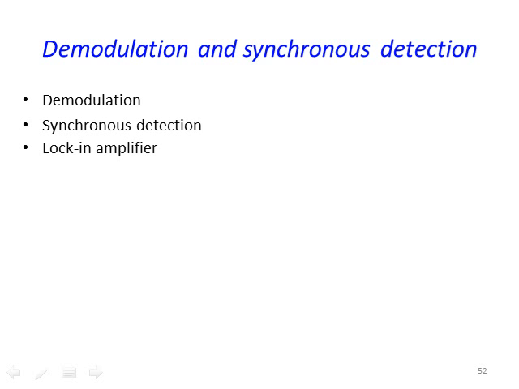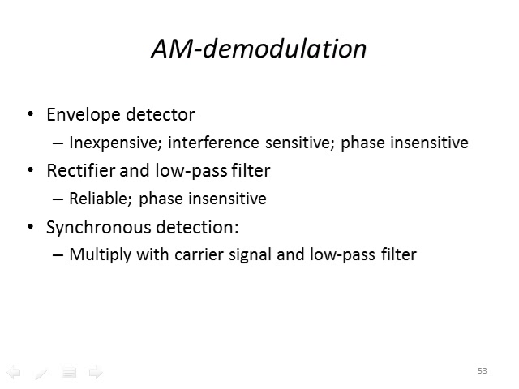So if we modulate these signals, then at some point we do our detection, and then we want to demodulate them. And we do synchronous detection with this. So the demodulation, synchronous detection, and then we'll get into the lock-in amplifier. For AM demodulation, we can apply 3 different types of techniques.